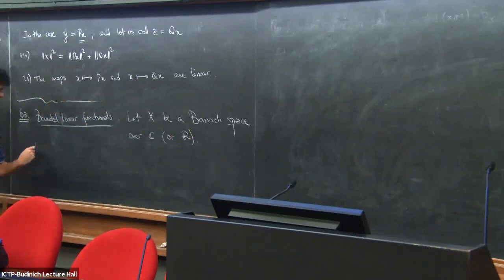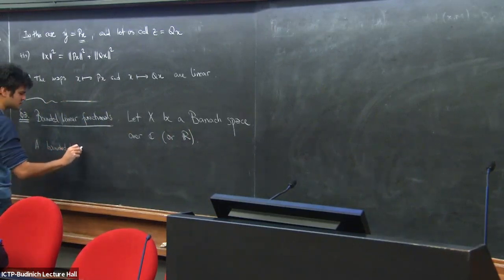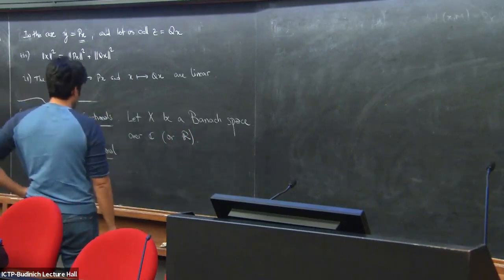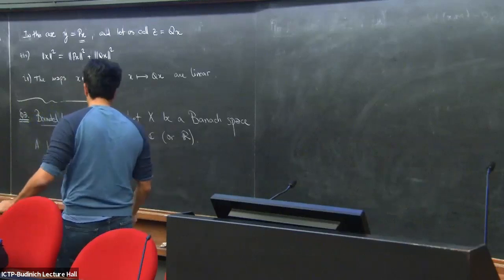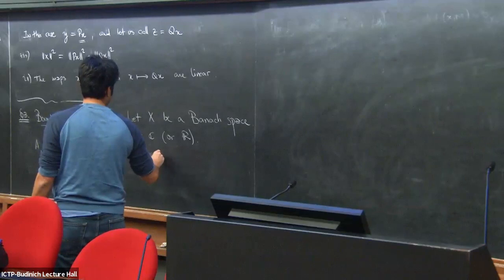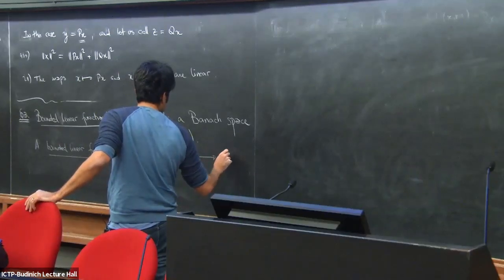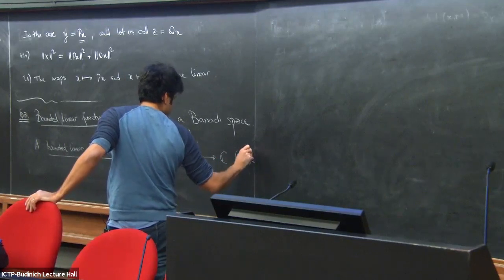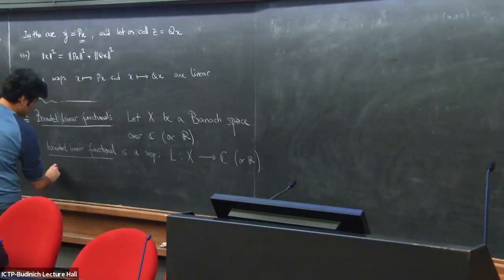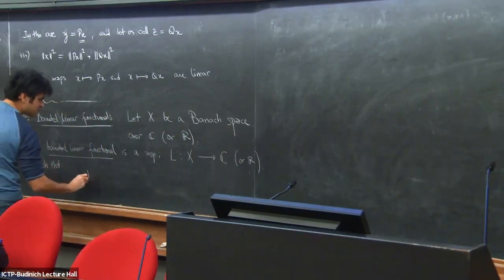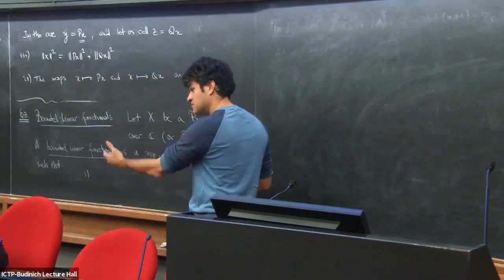A bounded linear functional is just a map, call it L, that goes from your Banach space X to the field of scalars, C, or R if you prefer, such that, so consider the maps from your Banach space taking values in the field of scalars.